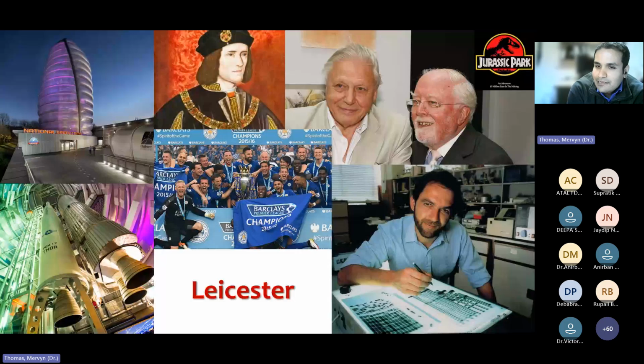Finally, at the bottom right, this is one of the famous professors at the University of Leicester. This is Professor Sir Alec Jeffreys, and he works in the same department that I'm part of, which is the genetics department, also at the University of Leicester, where he discovered the concept of DNA fingerprinting, which is often used now on a day-to-day basis across the world.